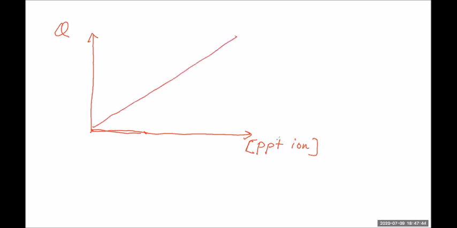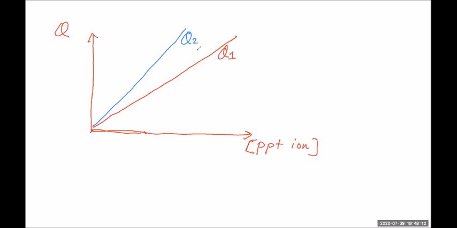This is quotient 1, the first ion, Q1, increasing like this. Q2 will be a different compound. Because of a different formula and different concentrations of ions, you have a different curve. Let's also pretend it increases linearly. This will be quotient 2.